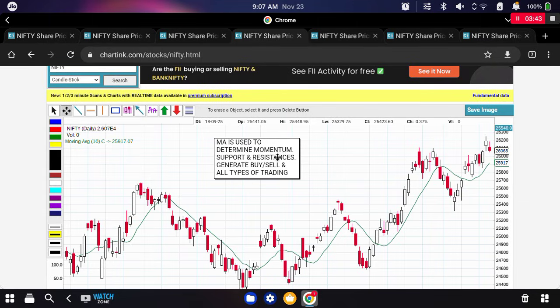MA is used to determine the momentum, support resistance, generate buy and sell signals in all the type of trading. Friends, I must tell you, as I have already said, that moving average is an indicator. And the only single purpose of indicator is to give you buy and sell signal.